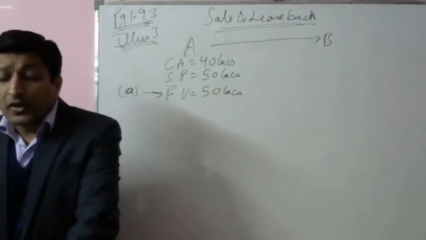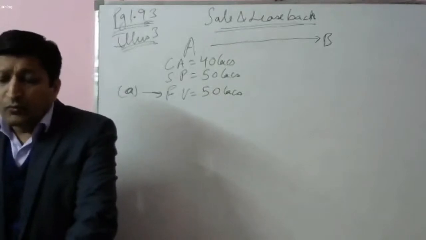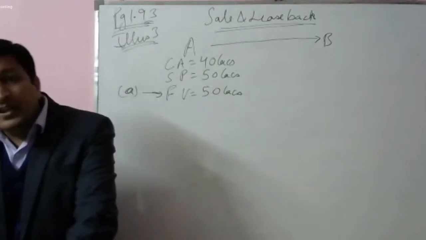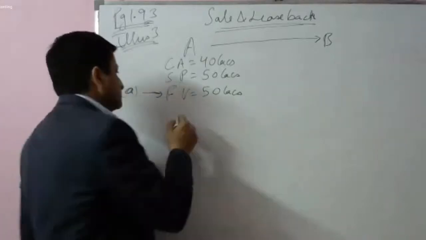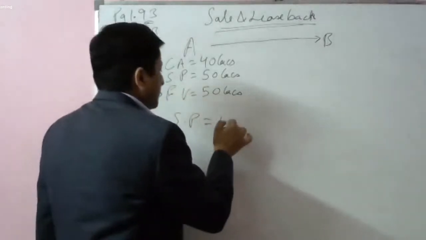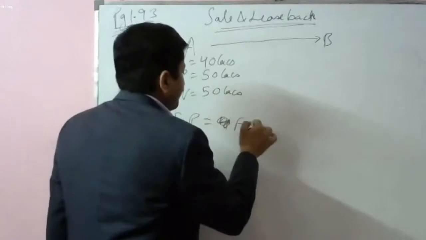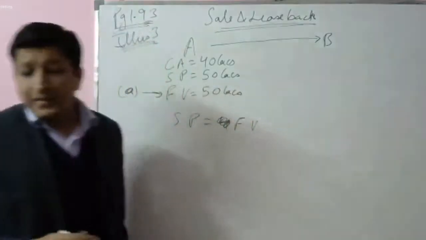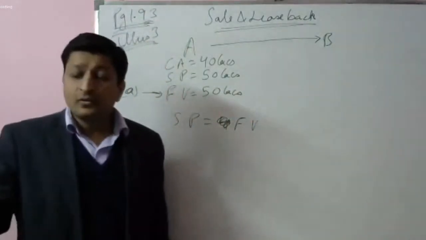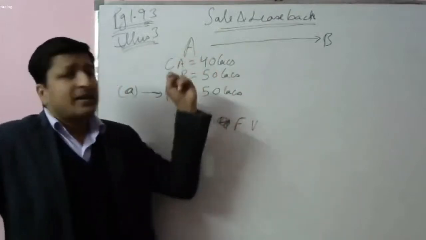In this case, what do we do? When the sale price is equal to fair value, what will A be required to do?